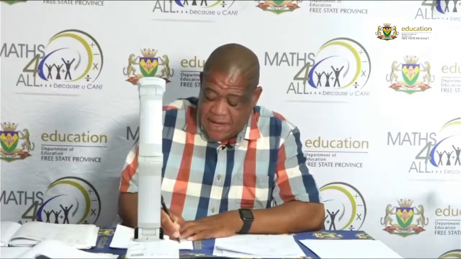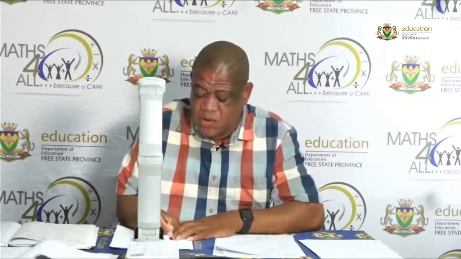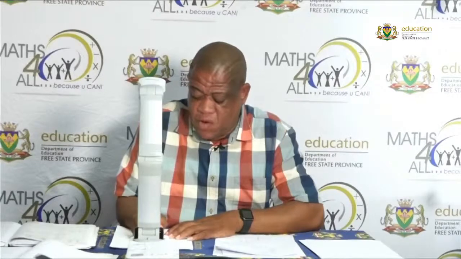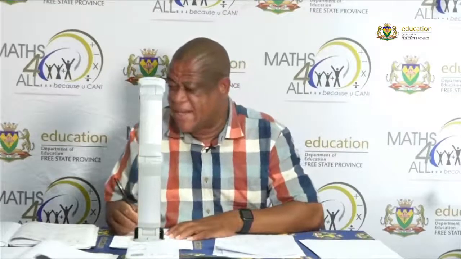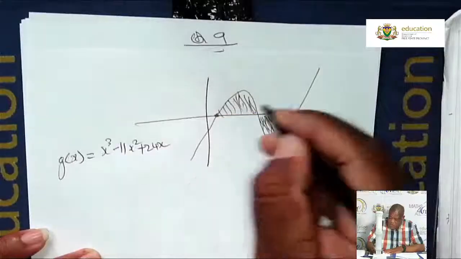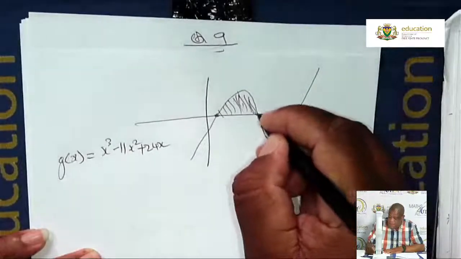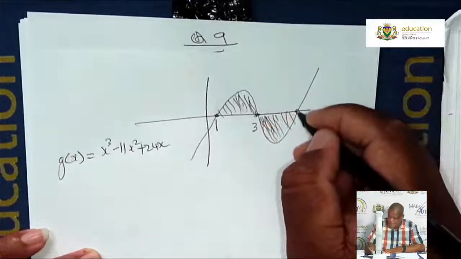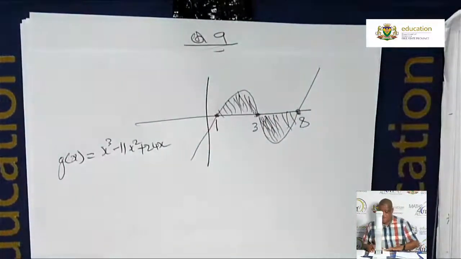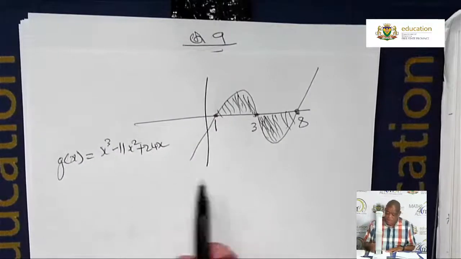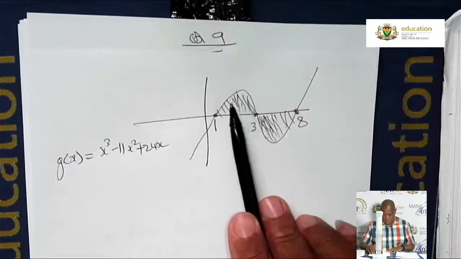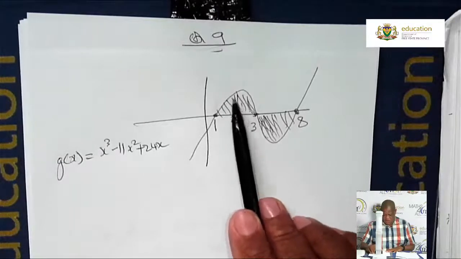You are given that g(x) is equal to x to power 3 minus 11x squared plus 24x, and then they will always give you the coordinates there. Say they say it's 1, they say 3 there, they put maybe 8 there. What is going to happen? You must now find the area of the first portion.